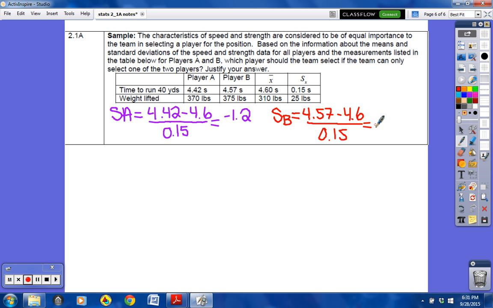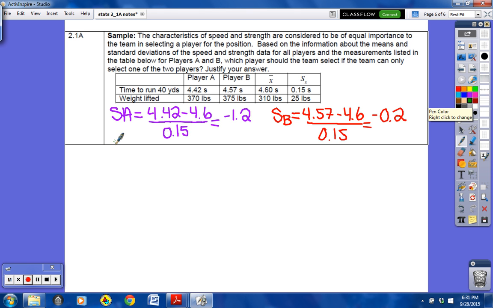So this guy's a little below, but not by much. So player B actually has a higher score than player A. So when it comes to speed, player B is better. But I also have to look at what's happening with the weight and strength.